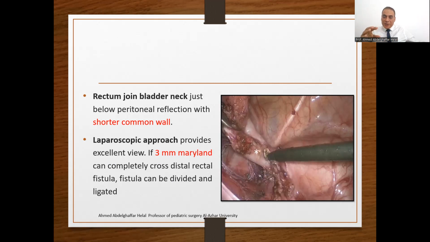So this is a landmark for the laparoscopic surgeon when performing laparoscopy for anorectal malformations or rectobladder neck fistula, where you will ligate the fistula when your instrument, Maryland 3 millimeter, can completely cross the fistula or the distal rectum. This is most probably the end of the rectum, and the rectum will go to enter or join the bladder.